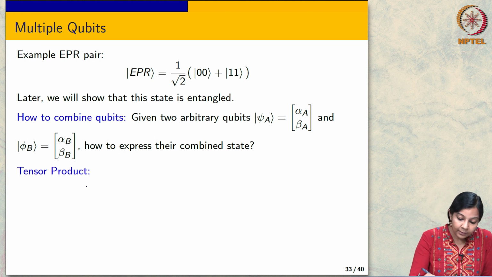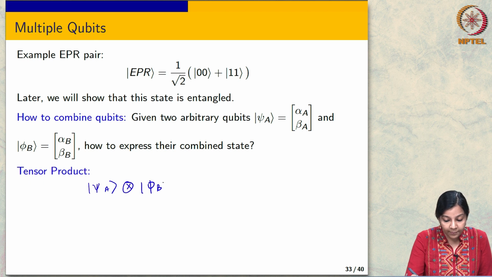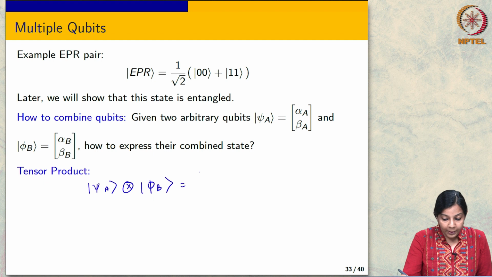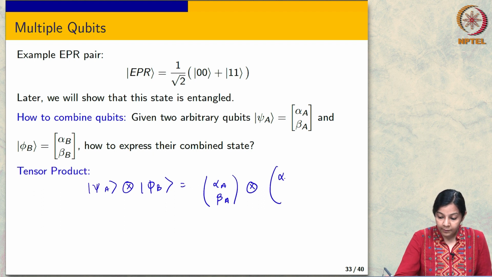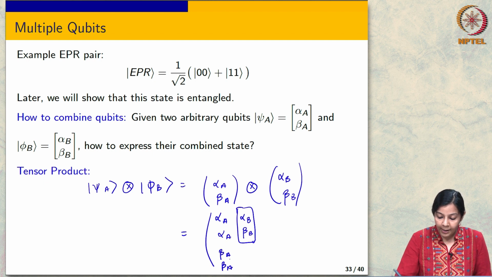So let me write down the combined state now of psi A and psi B. This is going to be the tensor product of these two vectors, and this expands out as alpha A, alpha B, beta B, and then beta A, you copy that and then you again write alpha B, beta B.